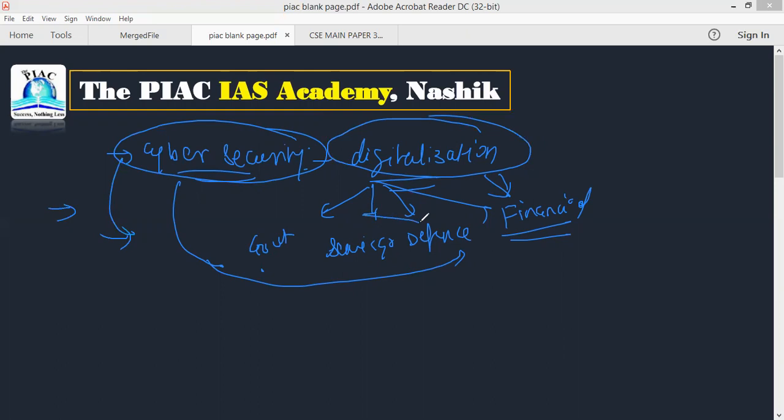All these are the most sensitive things in your digital world, so how should you secure all these secrets? That is an important challenge for cyber security.